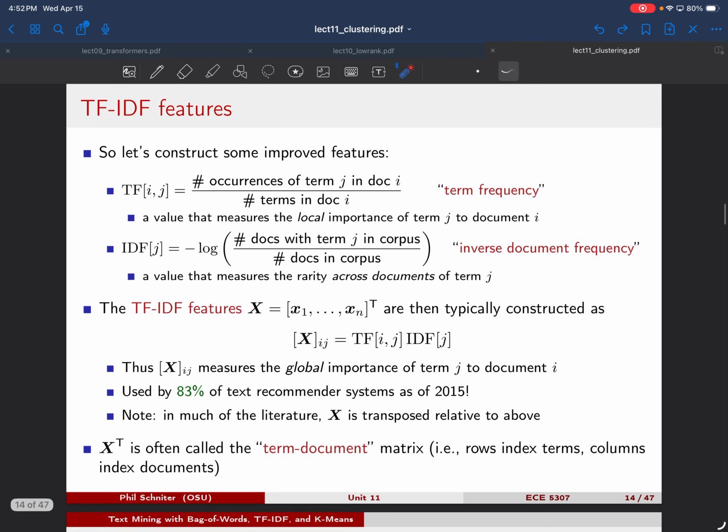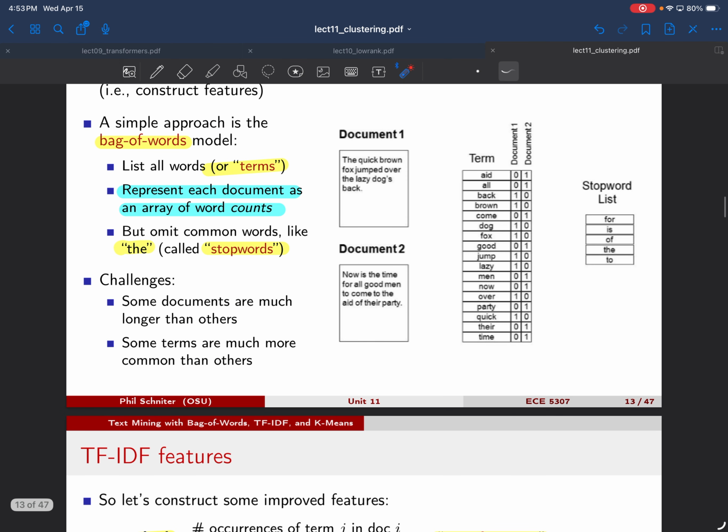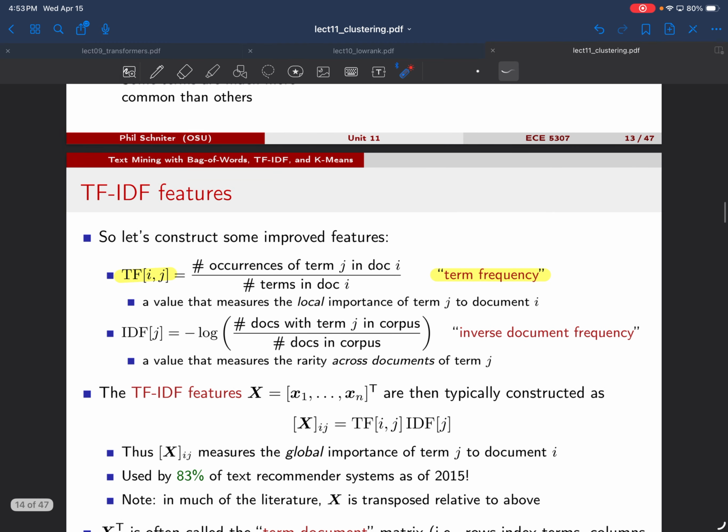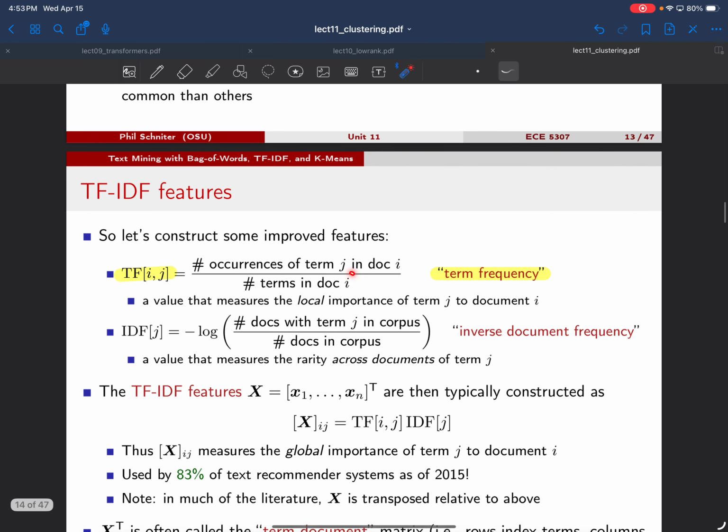The most common way to improve features is known as TF-IDF features, and they're a combination of two ideas. One is the term frequency feature, and what you do is you look for the number of occurrences of term J in document I, which would just be that number, and then you divide by the number of terms in the document. So this is a way of normalizing for document length, right?